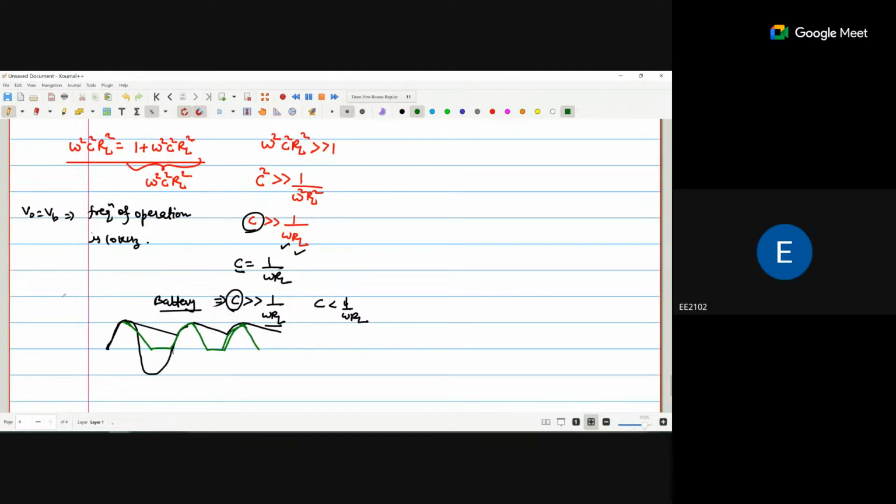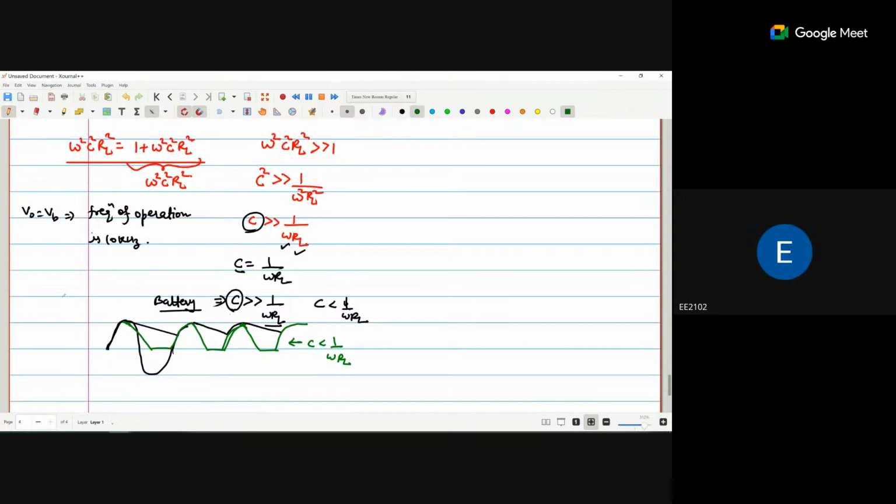So the green one is when C is less than 1 upon omega RL. If the capacitor is charged and completely discharged repeatedly, we can't use it as VCC by 2.